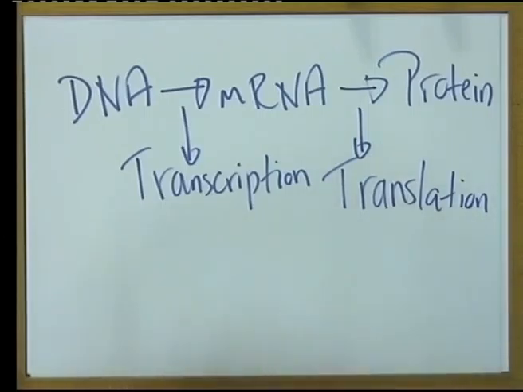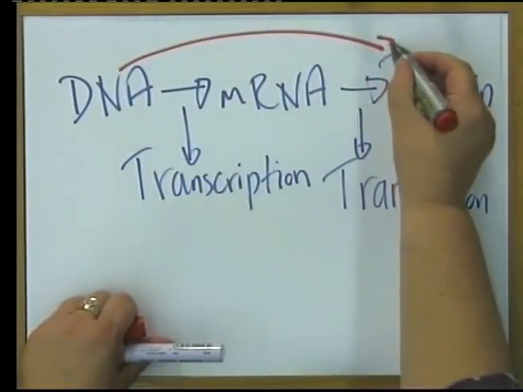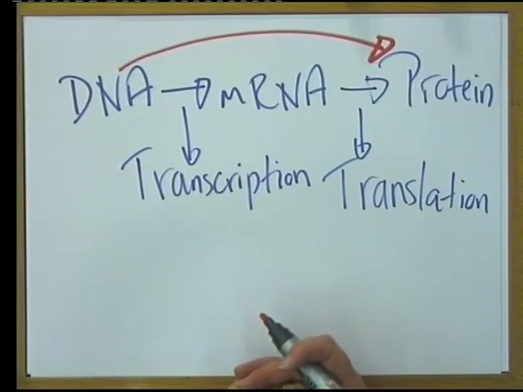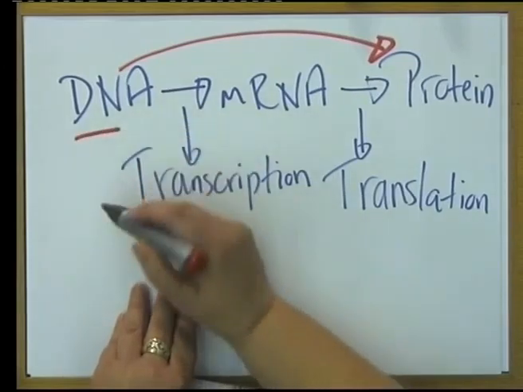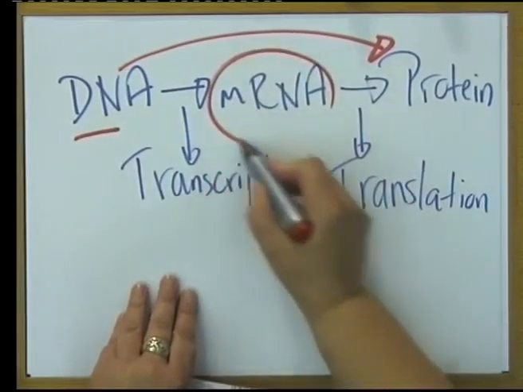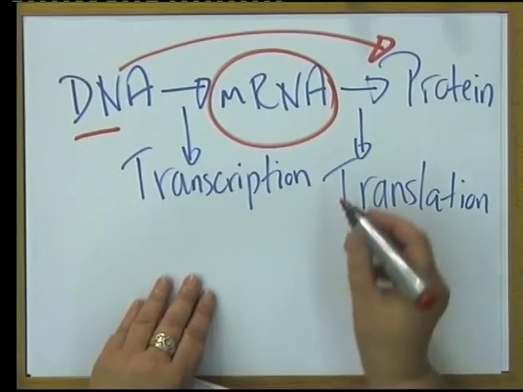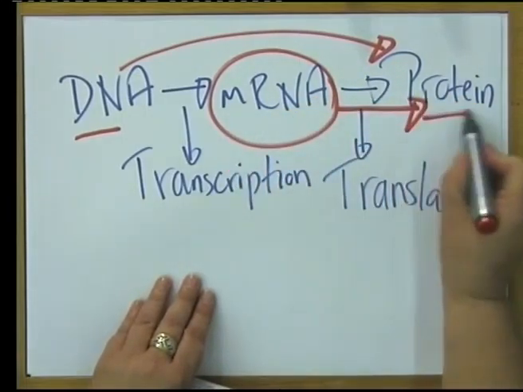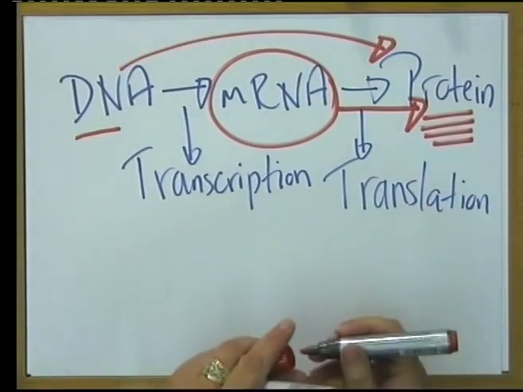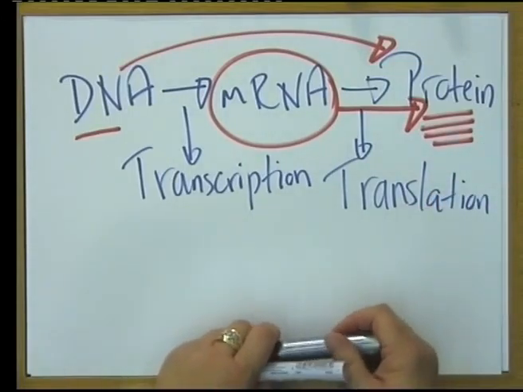Kan julle nou sien hoekom ons eintlik sê dat DNA volgorde van basisse bepaal die volgorde van aminosure in 'n proteïen? DNA bepaal alles in jou liggaam. En as ons terugkyk na die papier, omdat DNA die gene dra wat vir die vorming van mRNA verantwoordelik is, gaan dit dus deur middel van die mRNA verantwoordelik wees vir die proteïen se vorm.